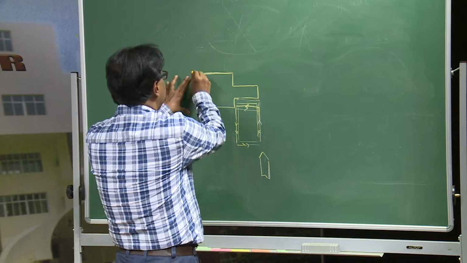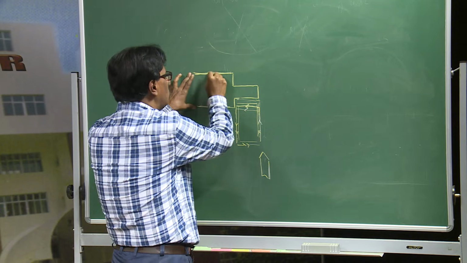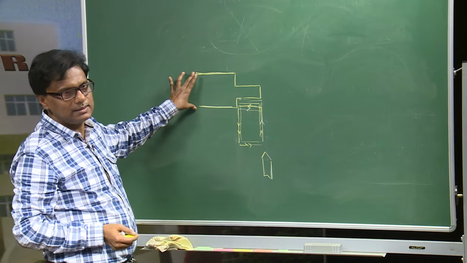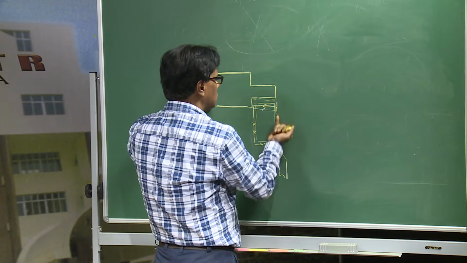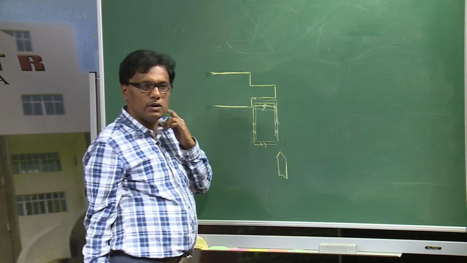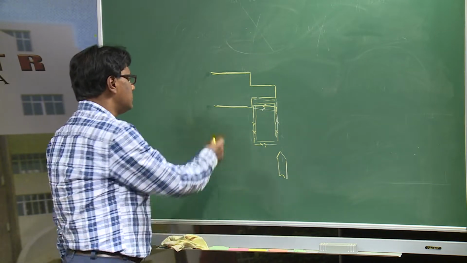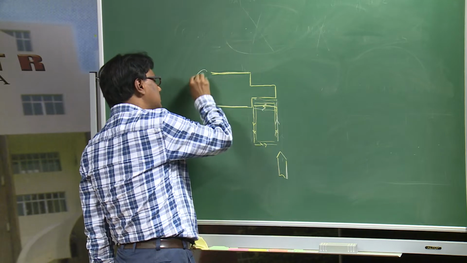This is a job held in a lathe spindle, and this is of course the cutting tool, going and cutting. Now, how does it cut? It will cut only if it is rotated.